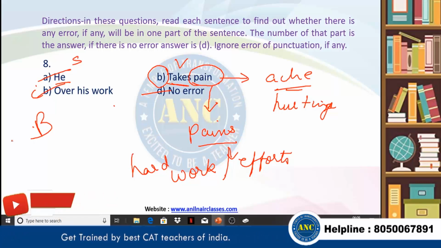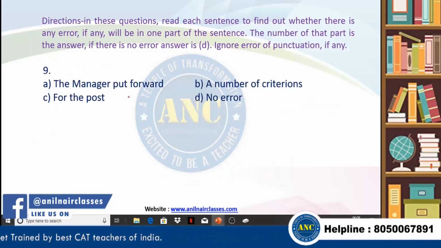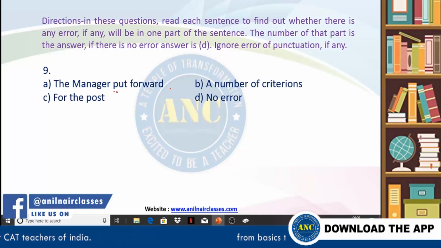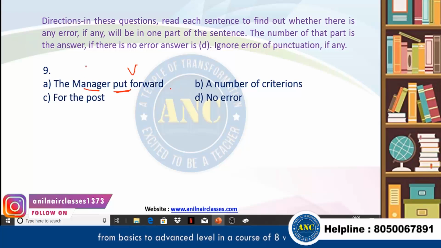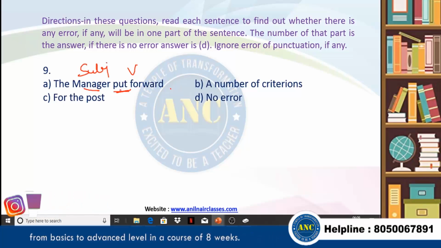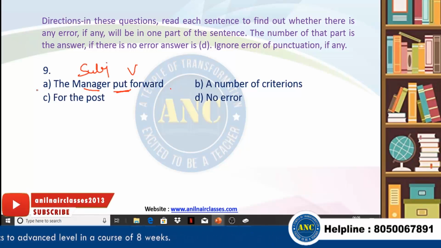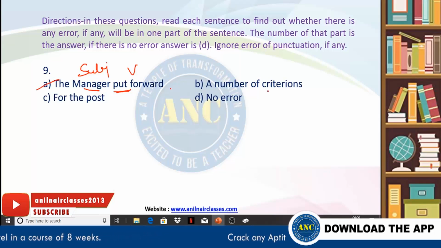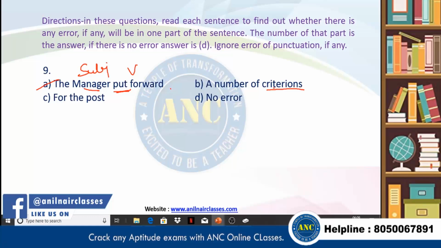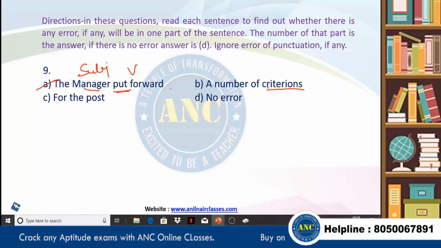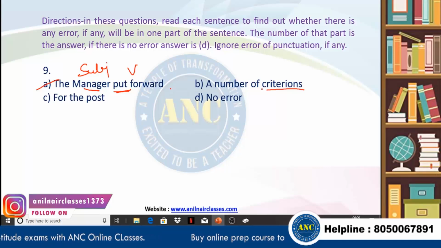Right? Next, the manager put forward. So put forward is our verb. Who put forward? Manager. Manager is the subject over here. Fine, that's perfectly fine. A number of criterions. When you say criterions, is it fine? Tell me.